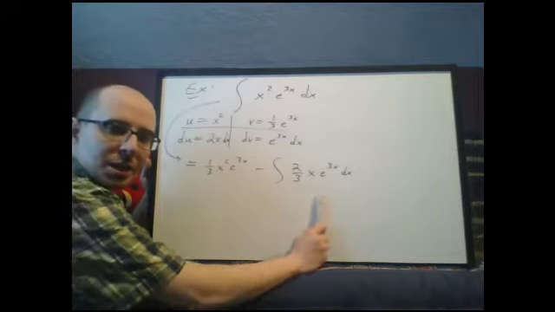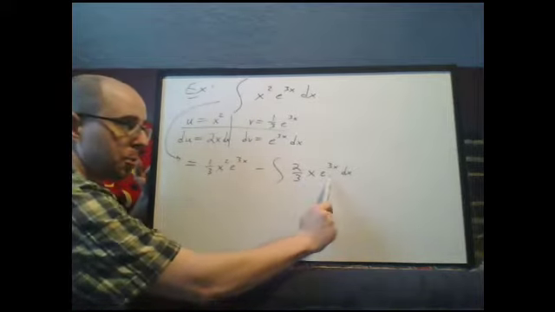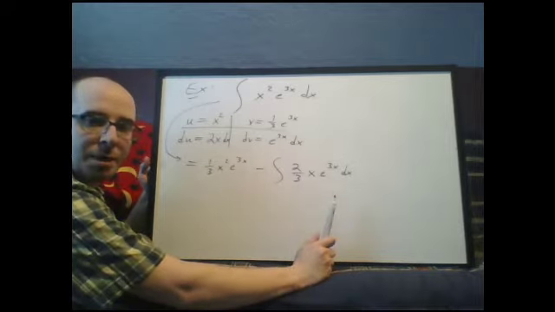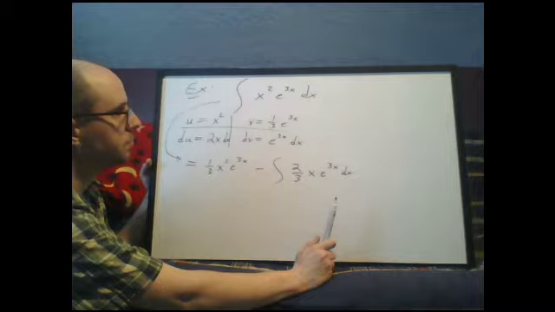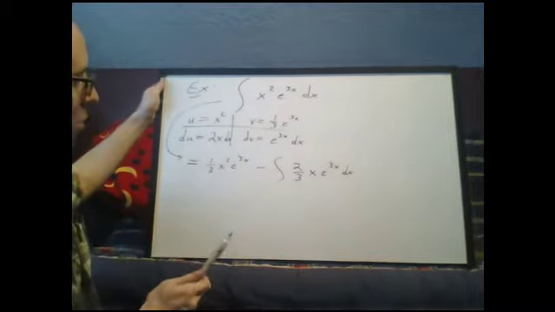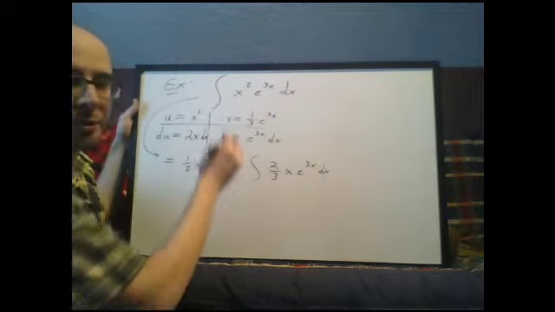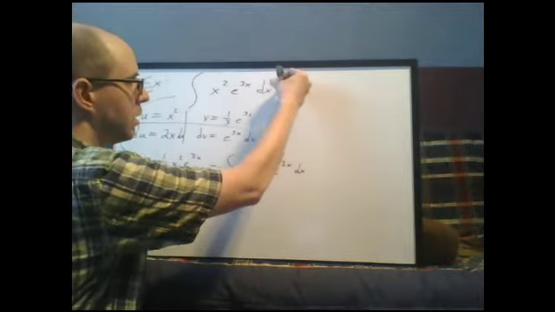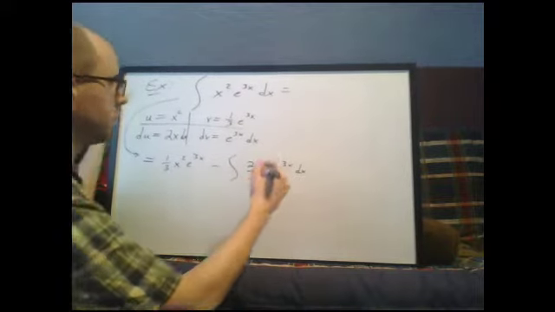We still have to integrate this, and since it's a product, we use integration by parts again. I'm going to run out of space here, and I want to keep the original problem, so let me put the current state of things up here on the same line.